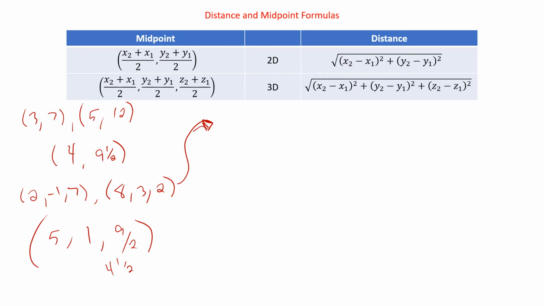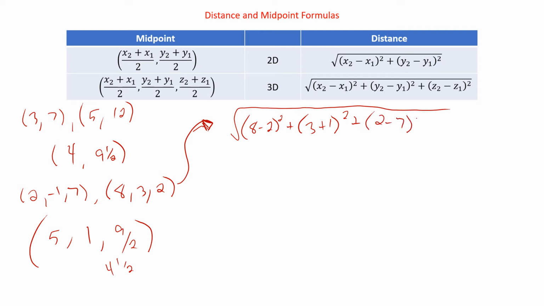Let's find the distance here. So we'll have a square root. We'll have 8 minus 2 squared plus 3 minus -1, which would be 3 plus 1 squared, plus 2 minus 7 squared.